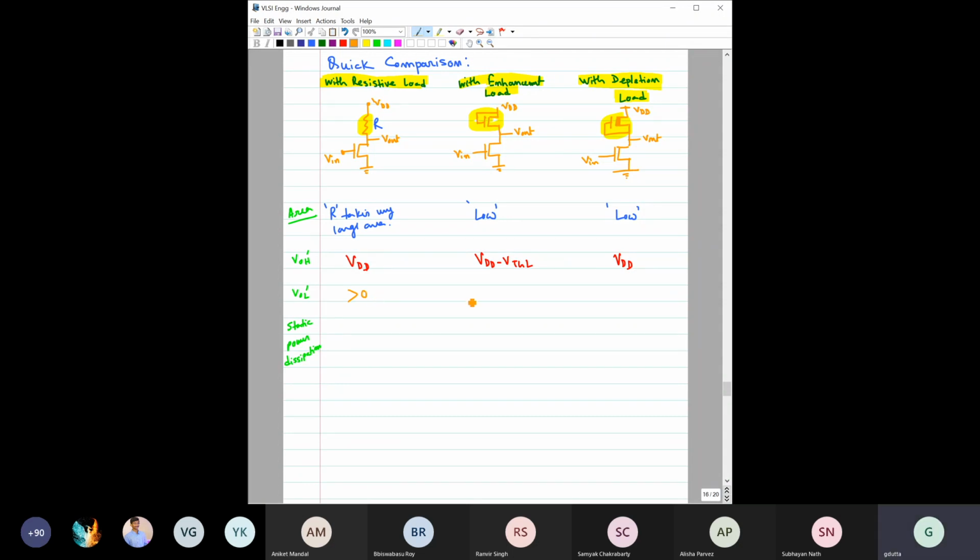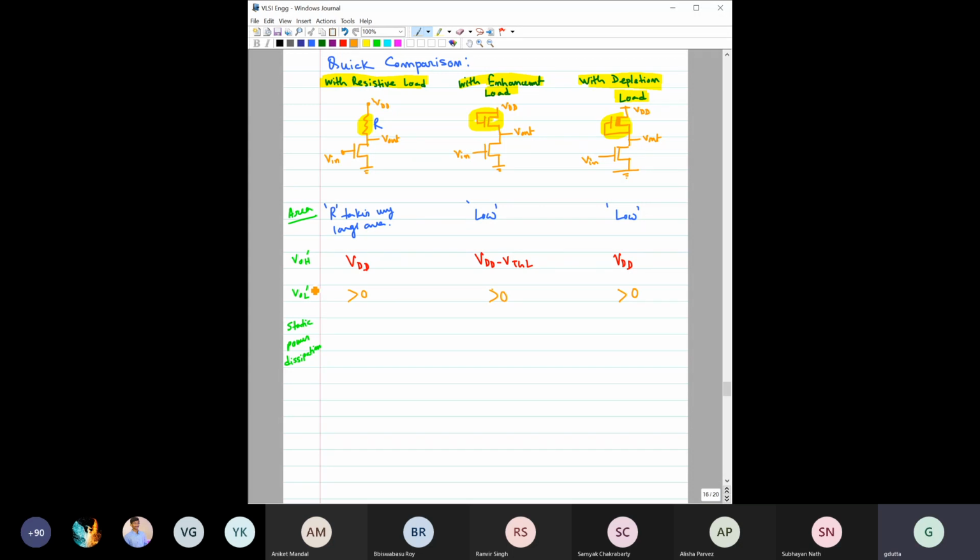What about the enhancement load? It is also greater than 0, not equal to 0. What about the depletion load? Greater than 0.